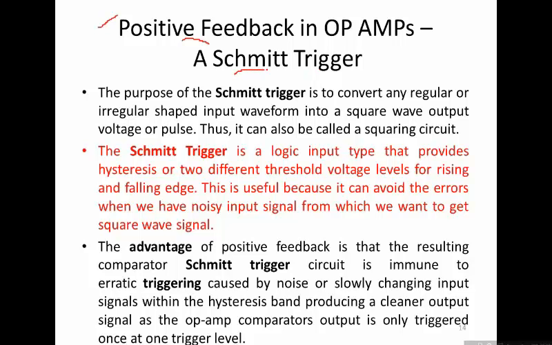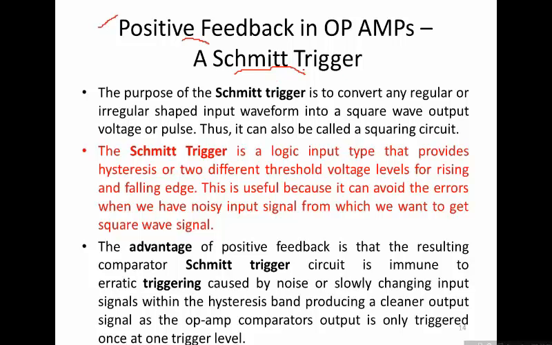We will see later on some other applications of op-amp positive feedback, such as oscillators, where you use positive feedback to produce certain oscillations using op-amps. So in this section we are going to introduce the Schmidt trigger.